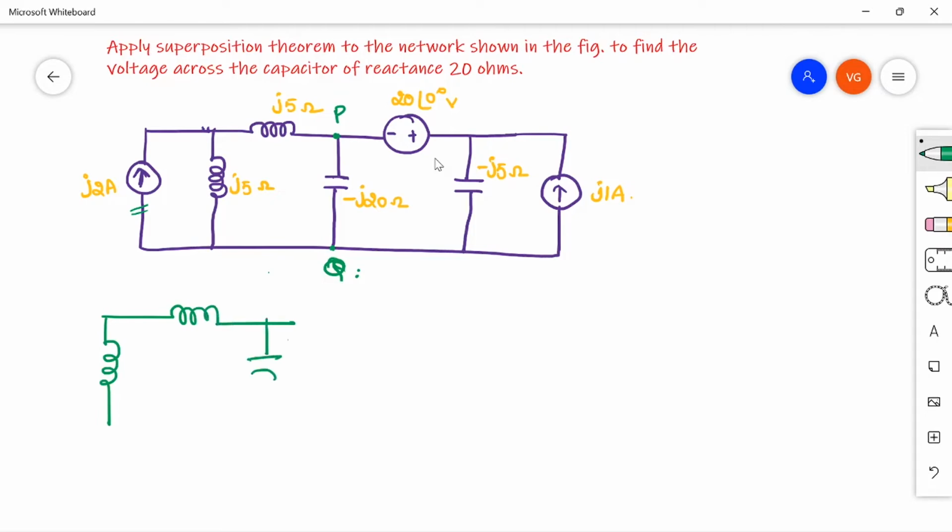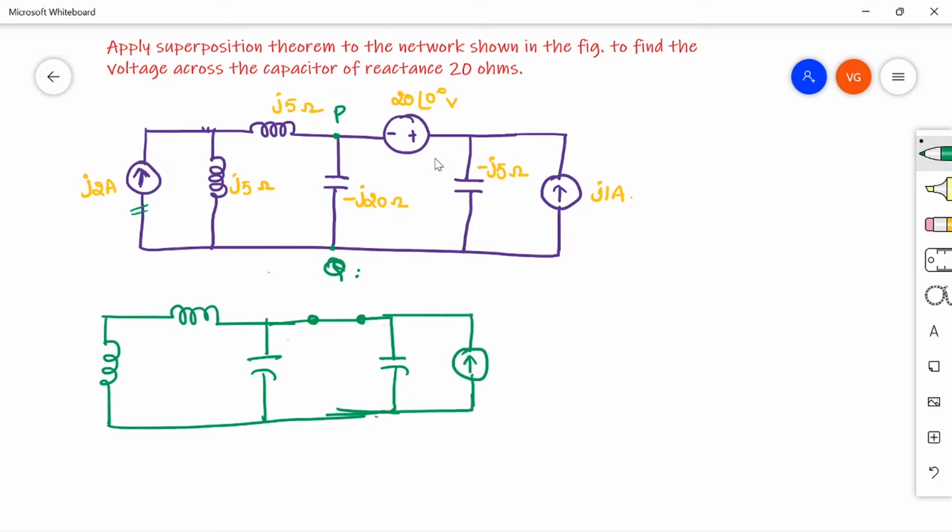So the remaining circuit I am drawing like this. You have a voltage source here, I just short circuit it, and then I have a current source here, right? So this is step 2. So this is j1 ampere, minus j5 ohm, minus j20 ohm, j5 ohm again, and j5 ohm.